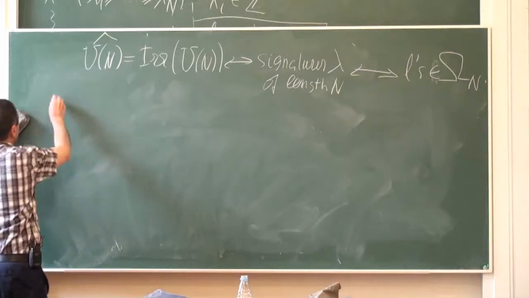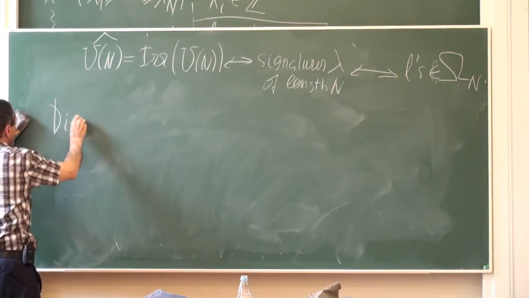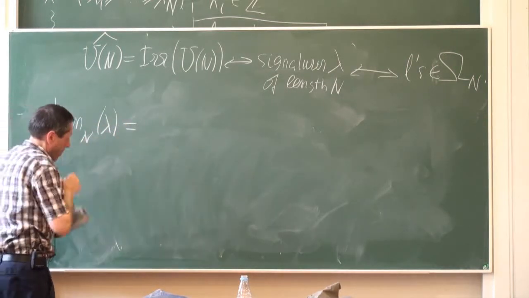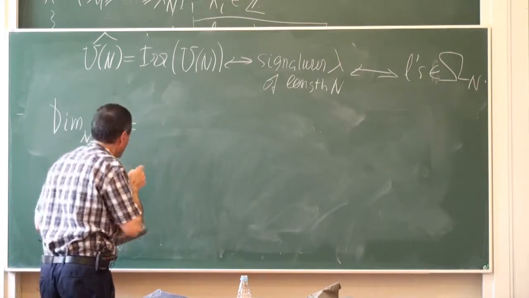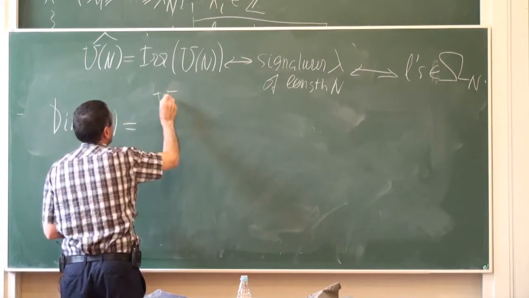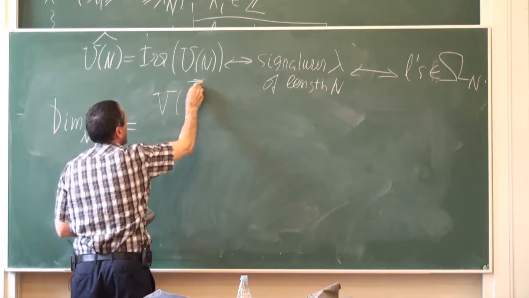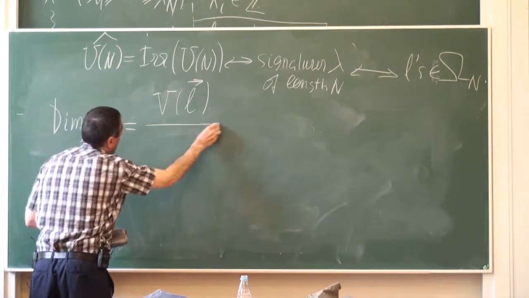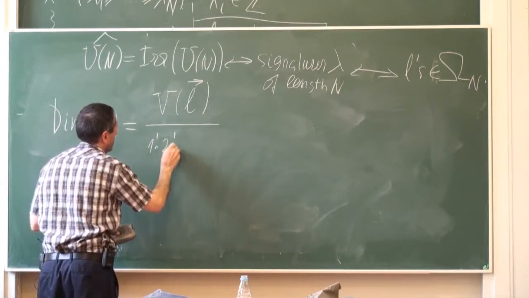Now the dimension formula looks as follows. It is the Vandermonde of the coordinates in L divided by the product of factorials.